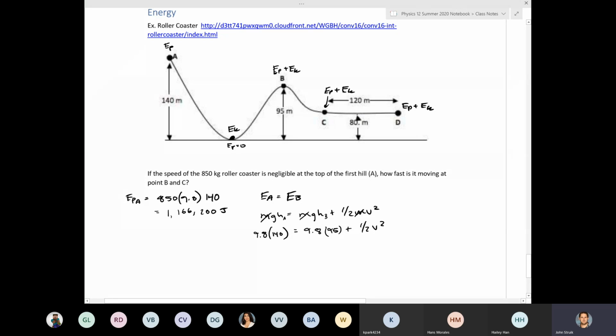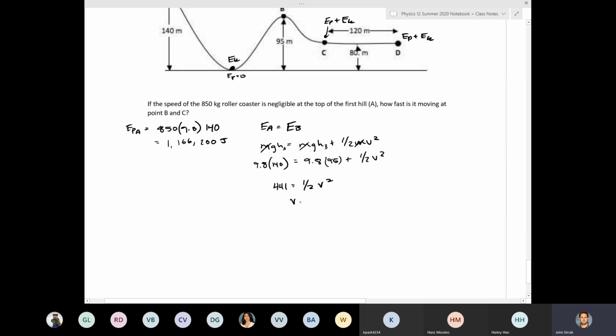So 9.8 times 140, and then I'm going to subtract 9.8 times 95 right away because I'm subtracting that EP from the other side. So this is going to be 441 equals 1/2 V squared, so times by 2, and then square root it. And you get V is equal to 29.7 meters per second. That's pretty fast.